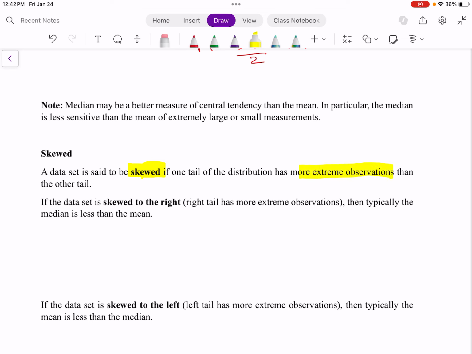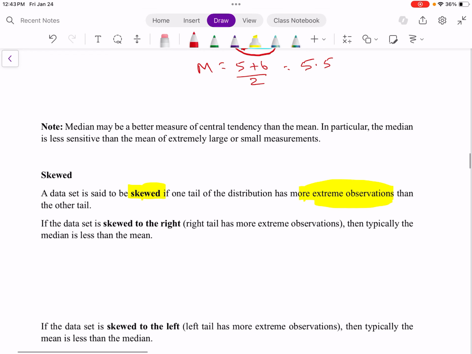One tail means, we arrange our data set in ascending or descending order, and let's take the right side and the left side as tails. If we have extreme observations, like an extremely large or extremely small measurement, then we call it skewed. Like the example we just had.